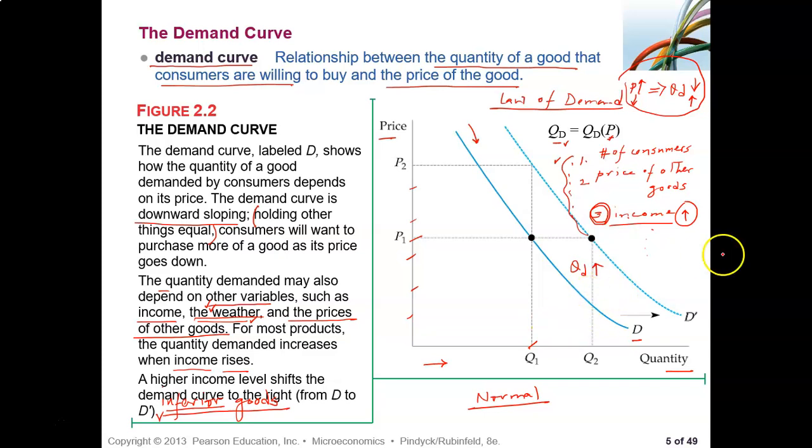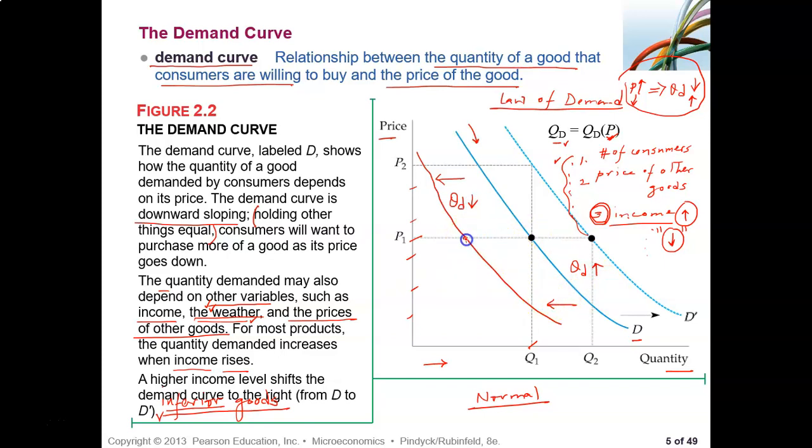On the other hand, if income decreases, at any price, people want to buy less. Look, price does not change, as we are studying the effect of a decrease in income on demand. In that case, we know that demand will decrease, and then the entire demand curve will shift to the left.